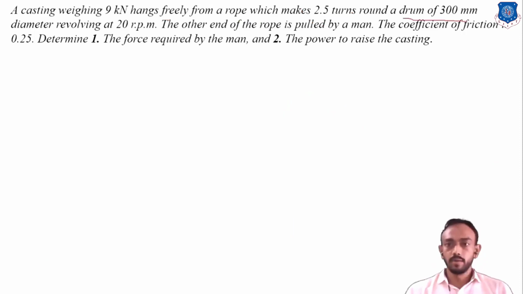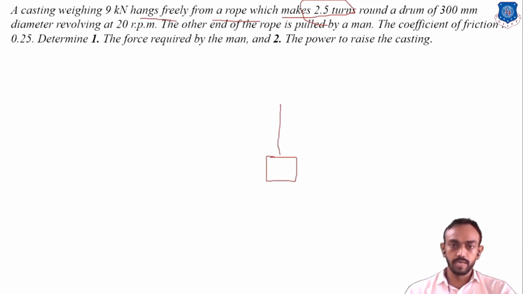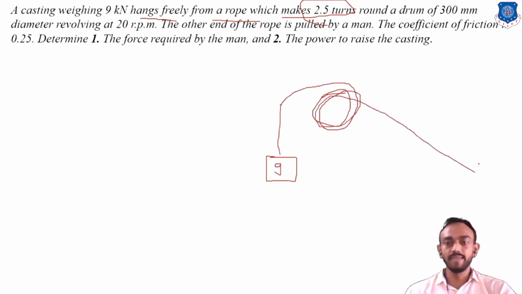A casting weighing 9 kilonewton hangs freely from the rope, which makes 2.5 turns. There is a weight, there is a pulley here, and this rope is turning 2.5 times, and then some person is holding it.